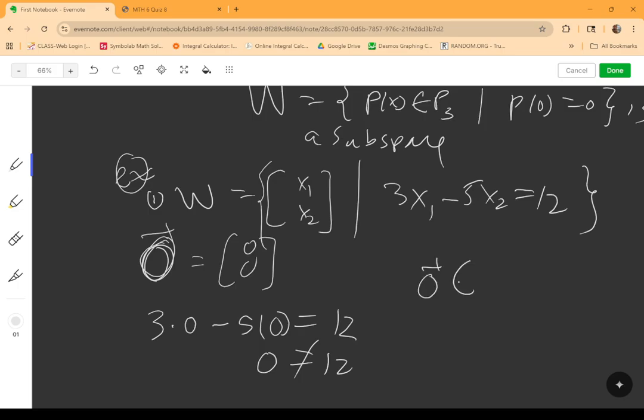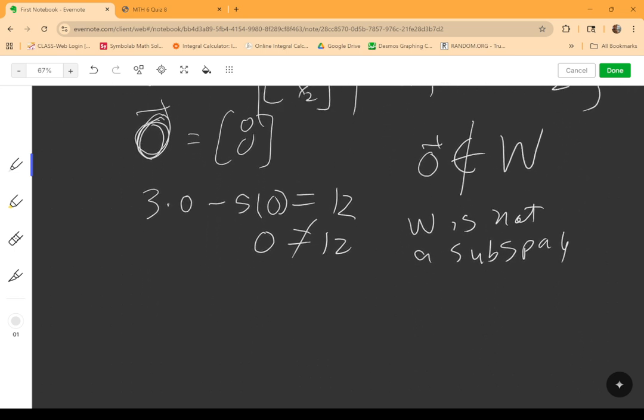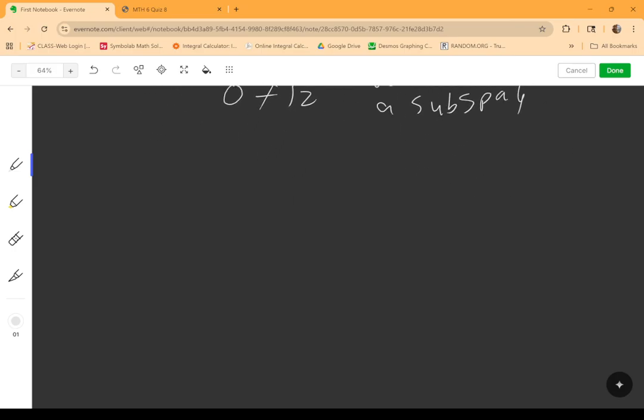So 0 is not an element of W, so W is not a subspace. Only one condition needs to fail; we don't need to go any further. If one of them fails, we can just move on to the next problem.